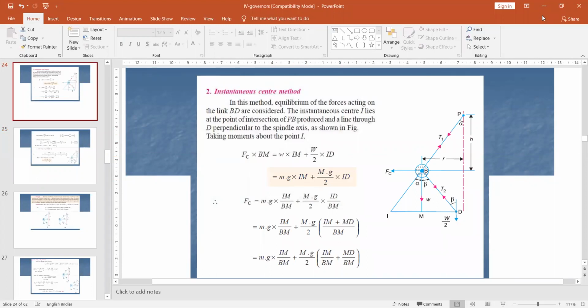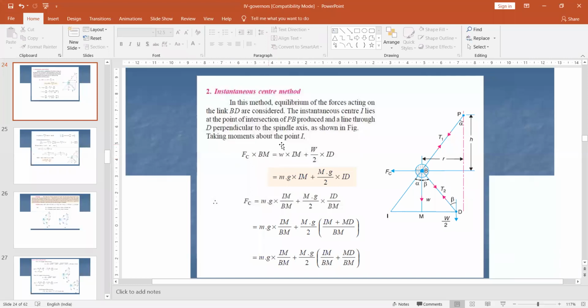Are you asking about the moment? Just all of you observe the moment: how we write Fc into BM equals small w into IM plus capital W by 2 into ID. So how do we write that?